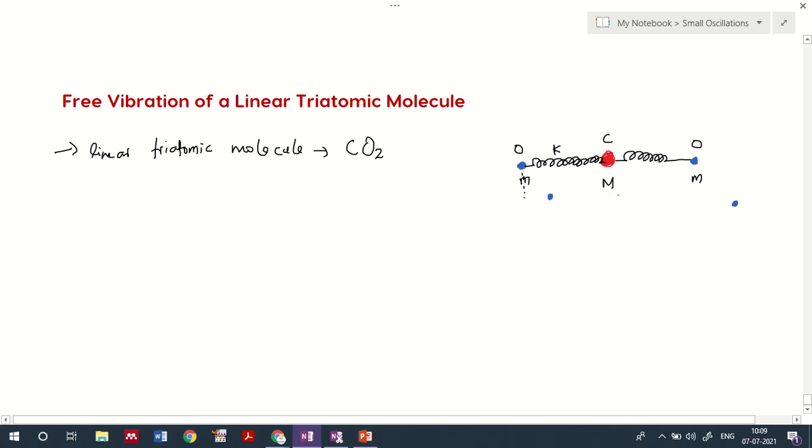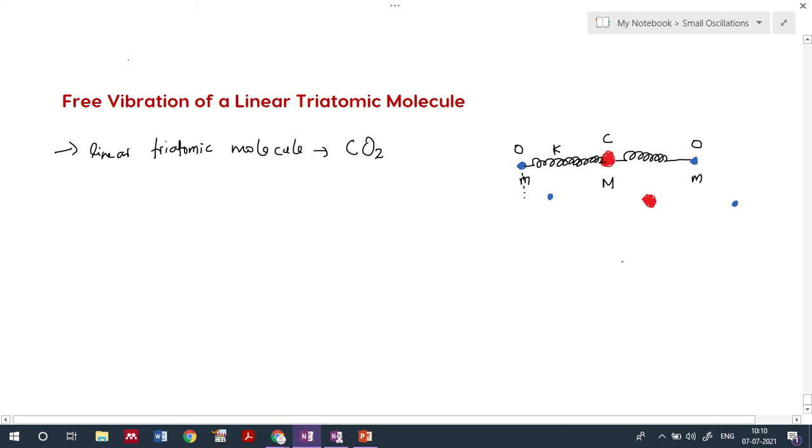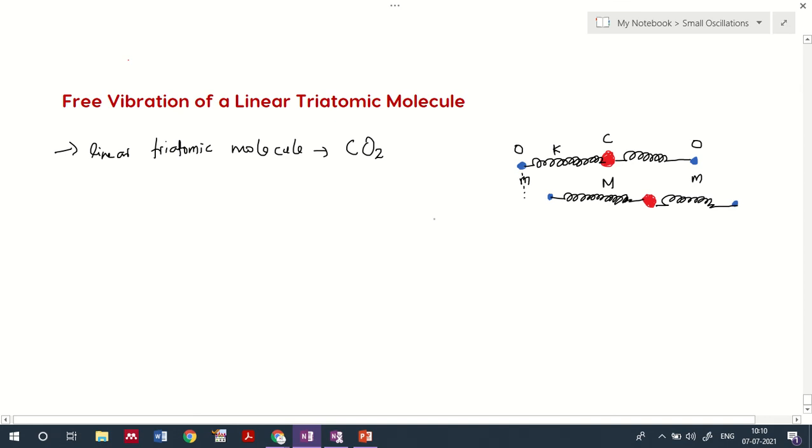Here there will be an associated change to the mean position of the carbon atom as well. So this you can see over here, which is again interconnected with the spring. So what happened is that there is a change in position. We can trace a small change in position, and you can see that there is a corresponding change with respect to the oxygen atom.